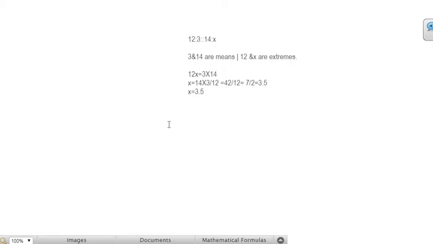Now if instead of 12 I would have taken 7, then it would be 3 into 14 by 7, so 7 twos are 14, and 3 twos are 6. So basically x would be 6 at that time.